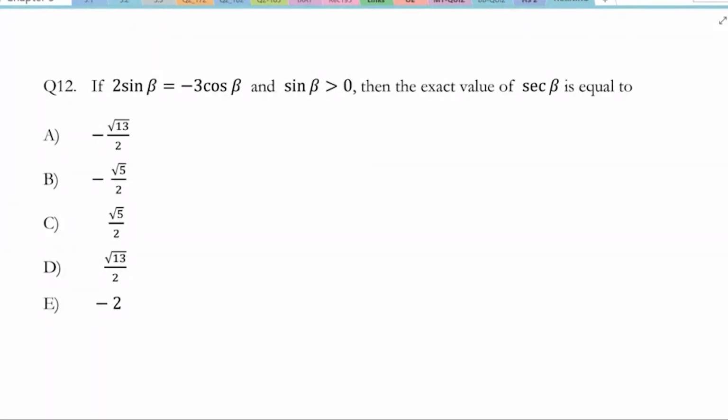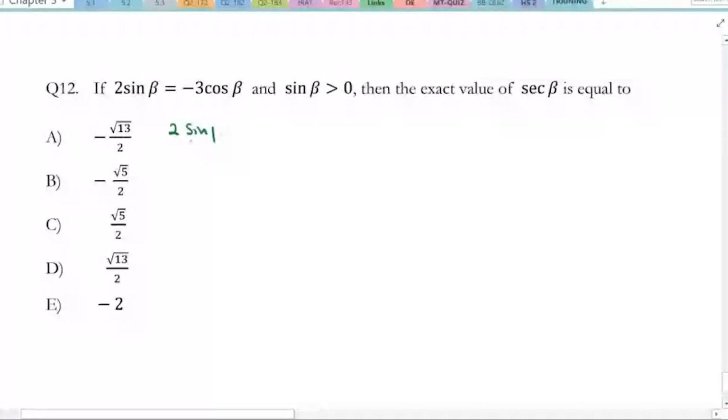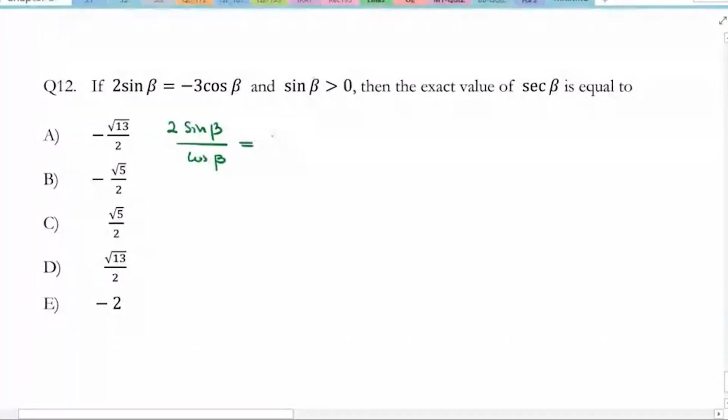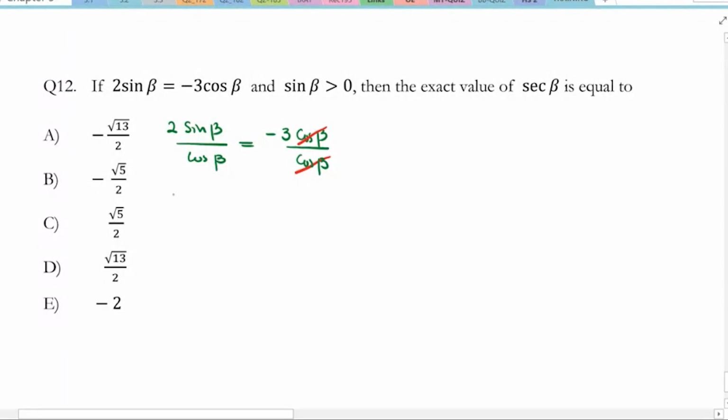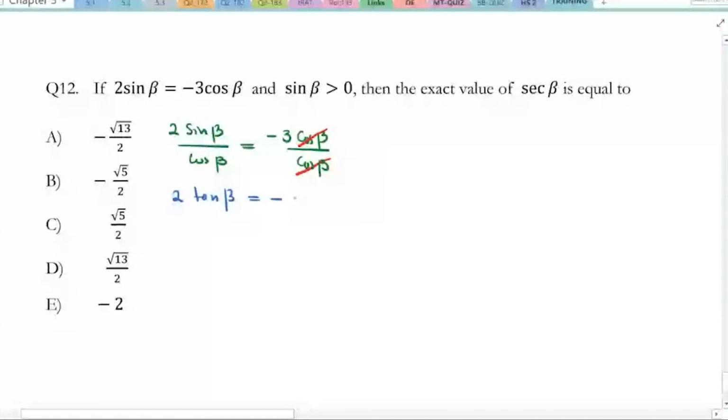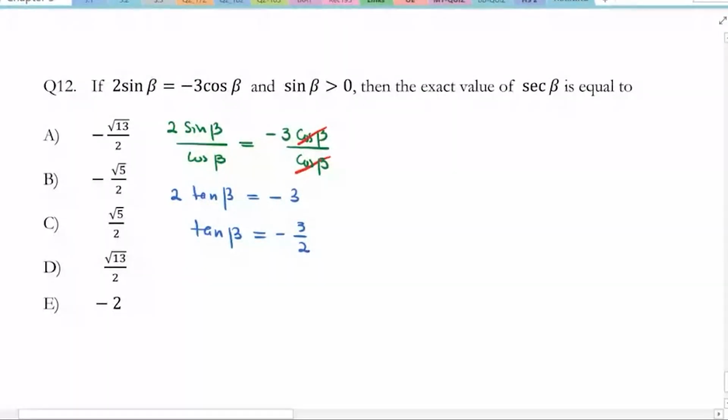If we decide to divide both sides by cosine, I can say 2 sine of beta divided by cosine of beta, to make it tangent, is going to be equal to minus 3 cosine of beta divided by cosine of beta. Cosine, we go with cosine, and then we have 2 tangent of beta equal to minus 3. And then tangent of beta is going to be equal to minus 3 divided by 2.